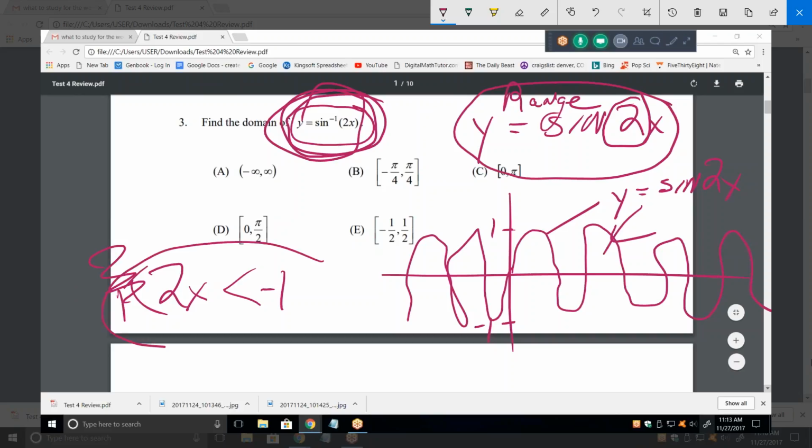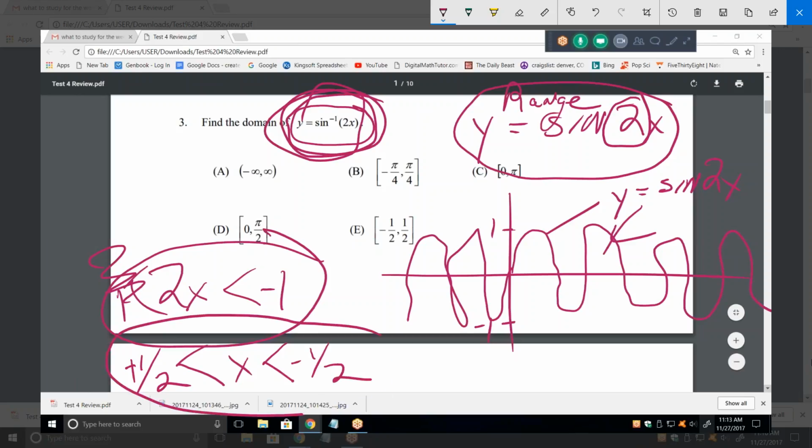And if you do the algebra here, you get x has to be greater than or equal to 1/2 or less than or equal to -1/2. So that is the range of this. And therefore, it's the domain of the inverse of it. Which is E.